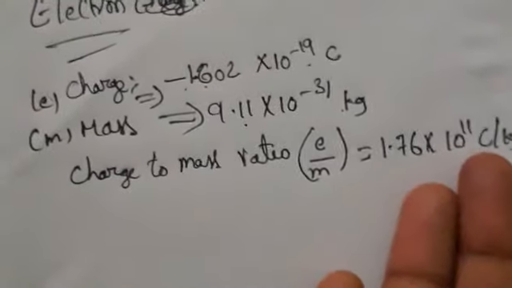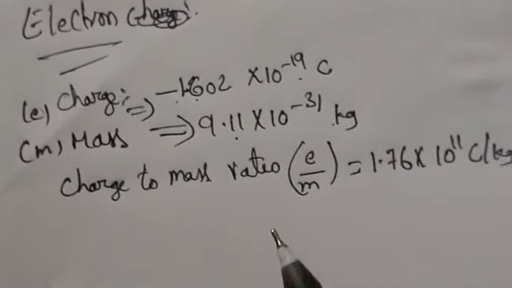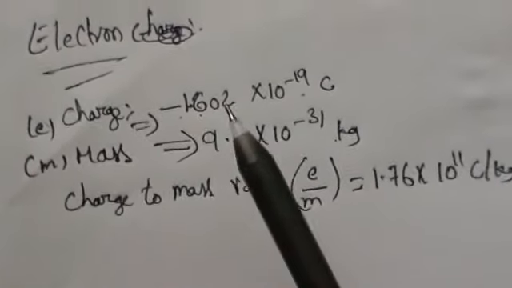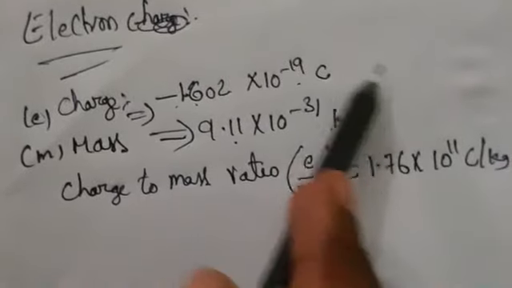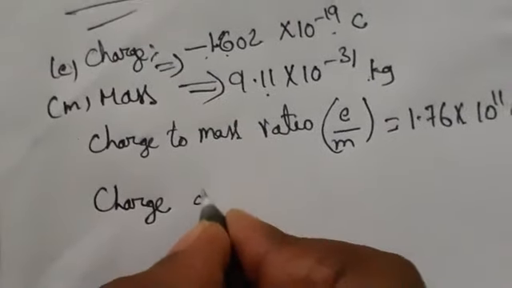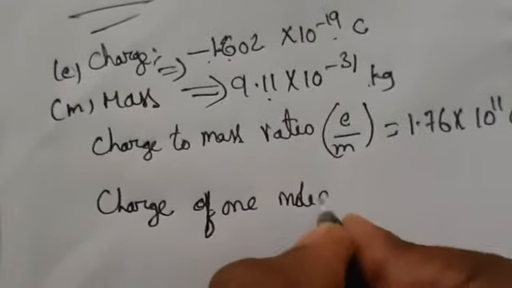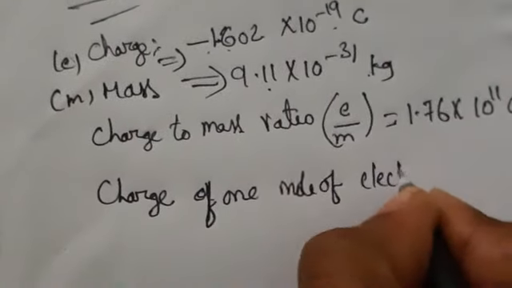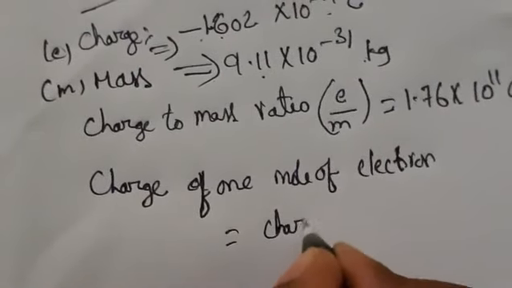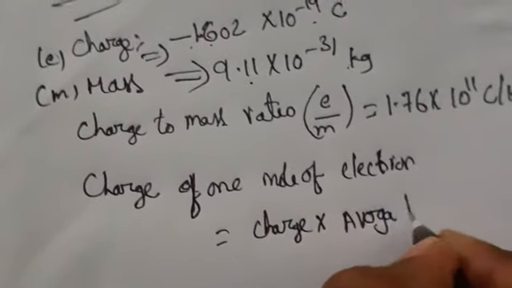Then how to calculate the charge of 1 mole of electrons? To calculate it, we should know Avogadro's number and also the charge of the electron. The formula is charge into Avogadro number.